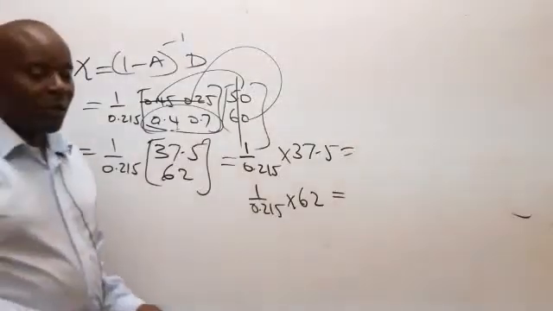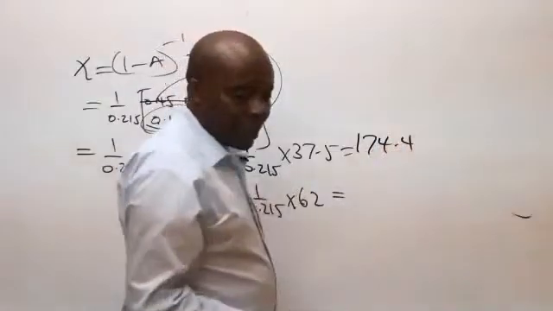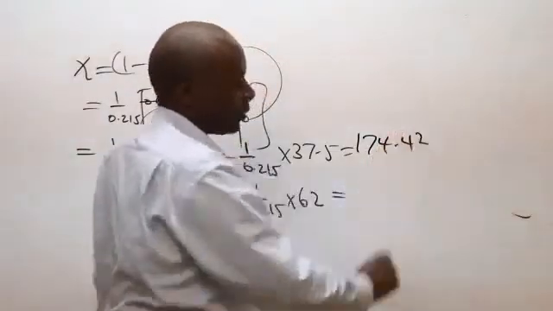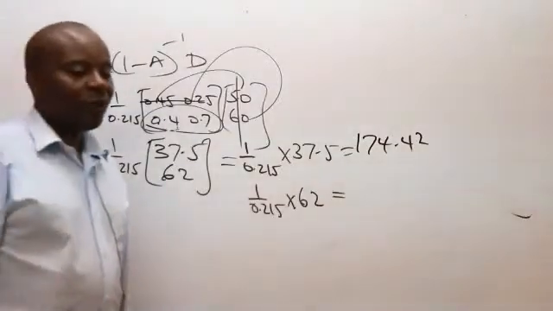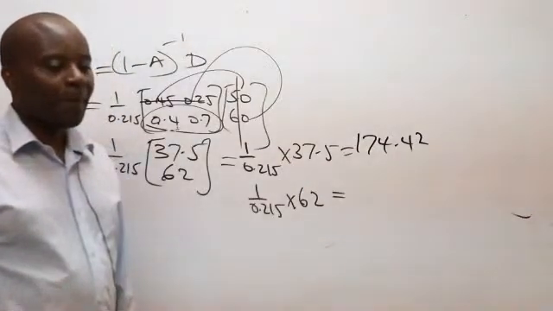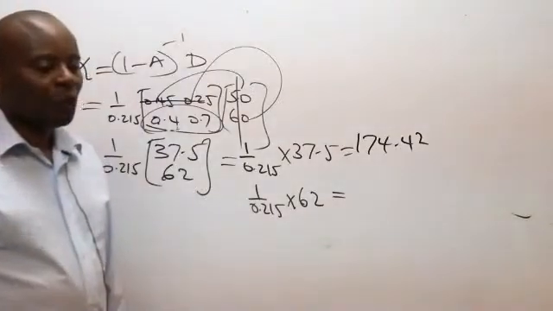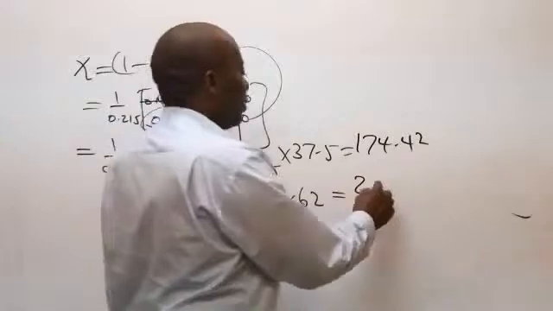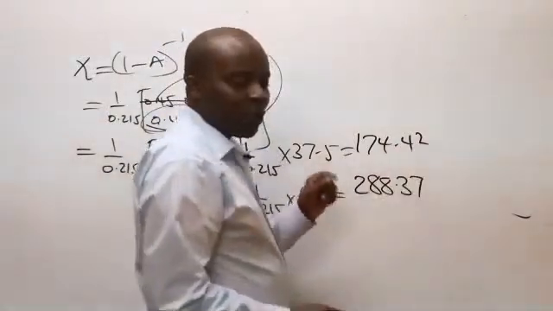According to the calculator, the first one should be 174.42 to two decimal places, and then the second one, 288.37.